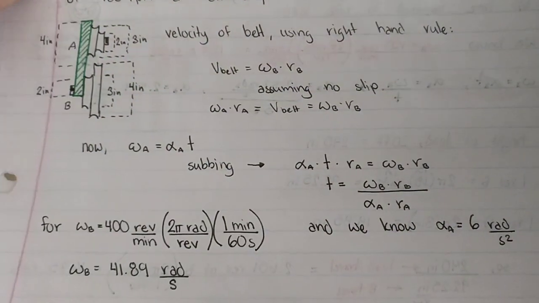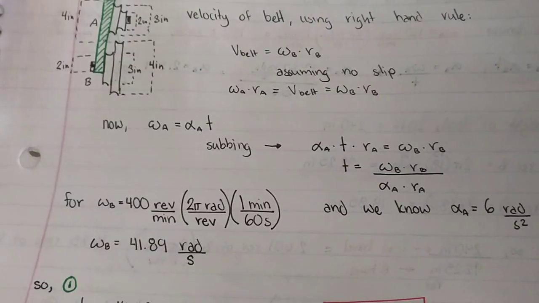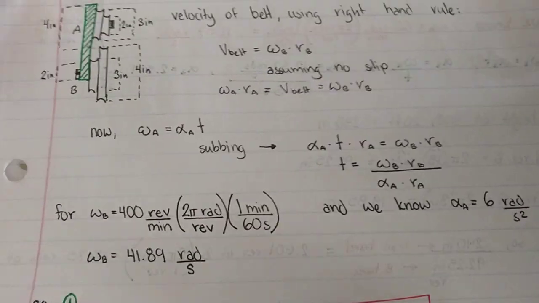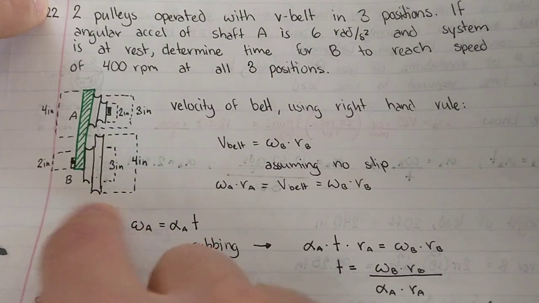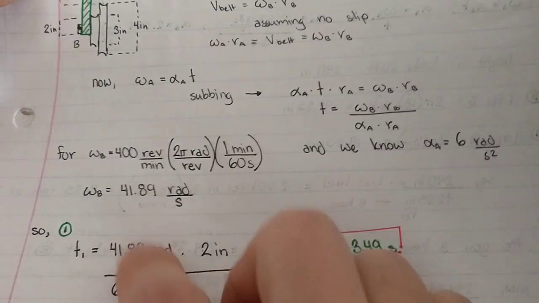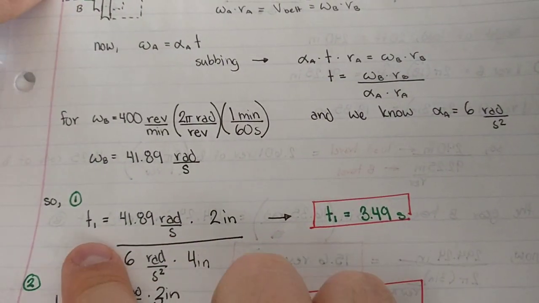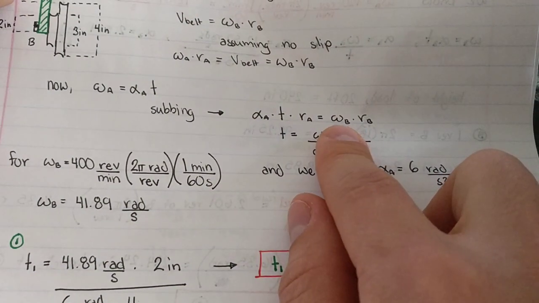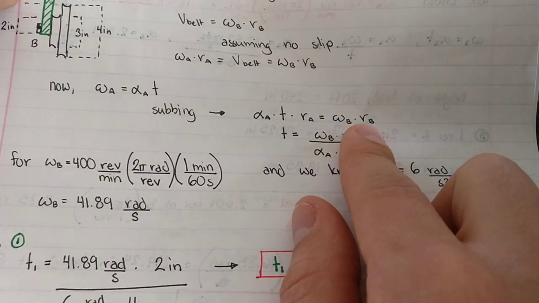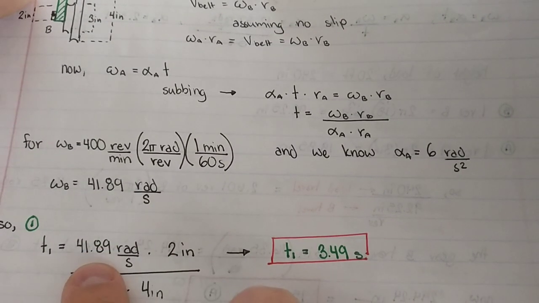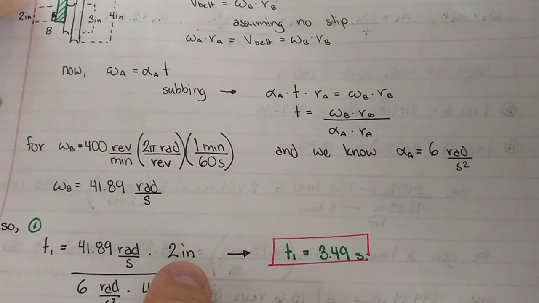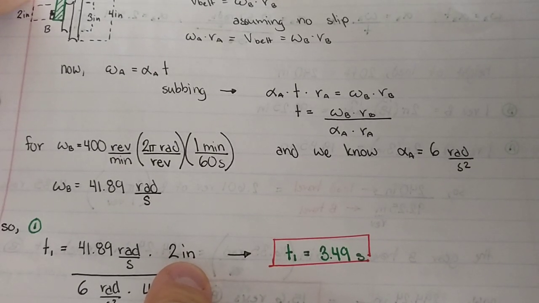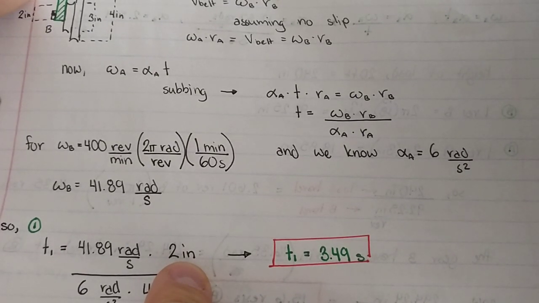At position 1, we have a 2-inch, a 3-inch, and a 4-inch position. So at position 1, we're going to have 2 inches. We want it to get to 41.89 radians per second, and it's 2 inches in diameter. Diameter or radius? I believe it's the radius.